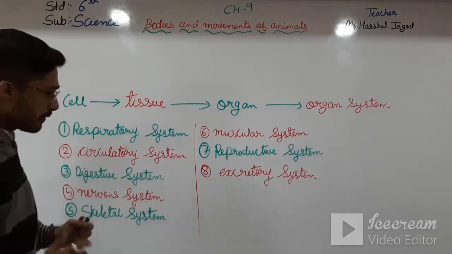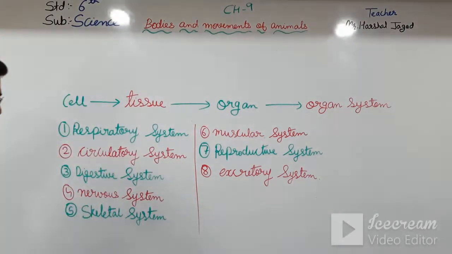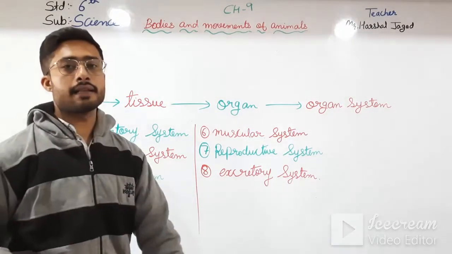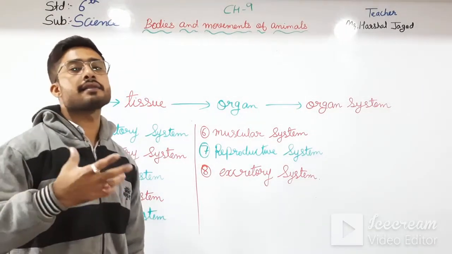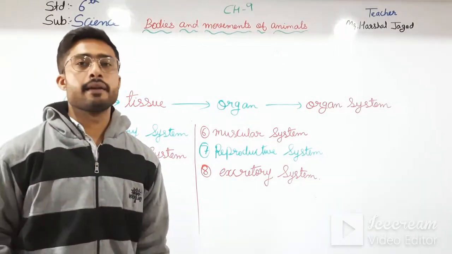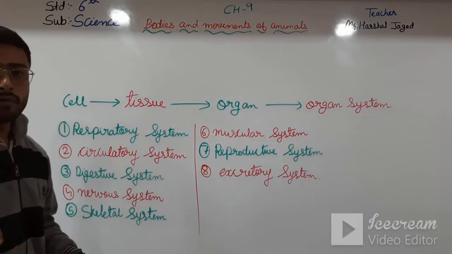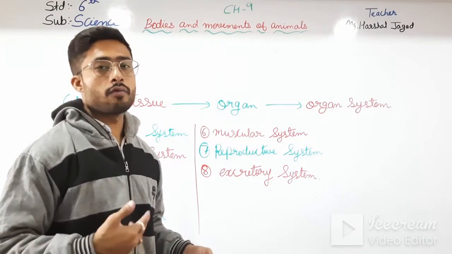The nervous system is on the backbone. Skeletal system means the bones. If the skeletal system is not there in our body, we can't stand. Due to the skeletal system we can play, walk, and do other things.